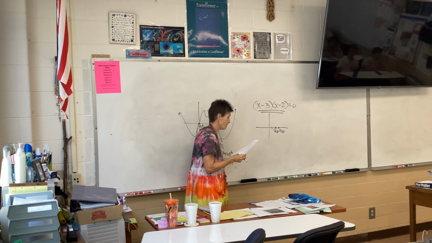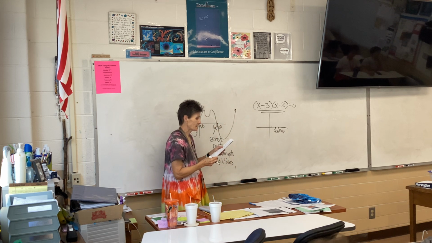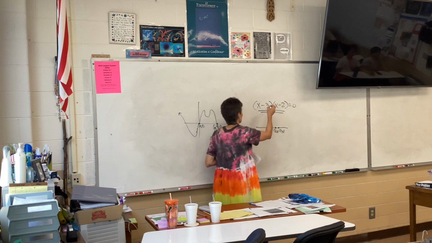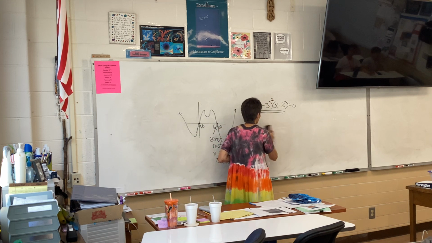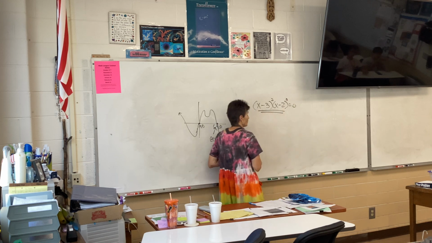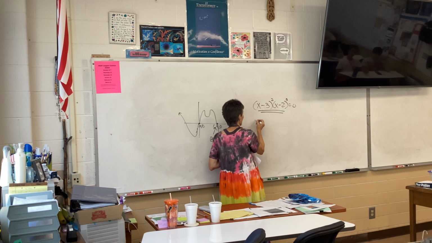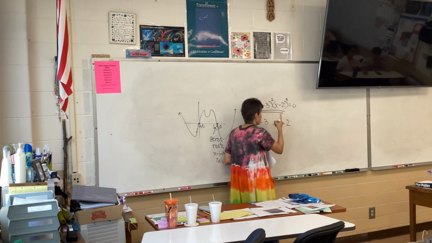If a linear factor is repeated n times, the corresponding zero has a multiplicity of n. So in other words, if I had this polynomial right here, I know my roots, my zeros, are x equals 3 and x equals 2.